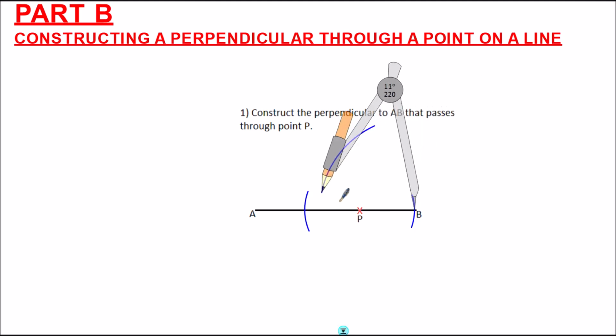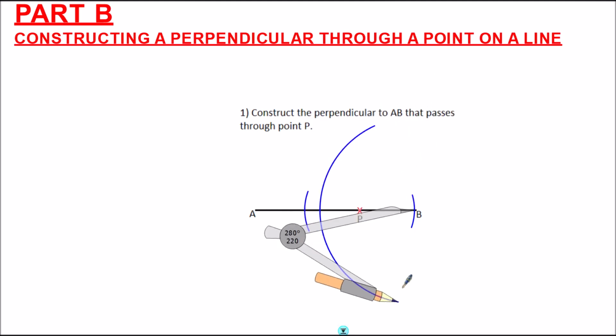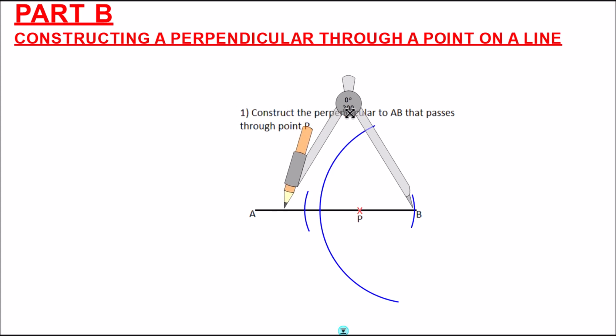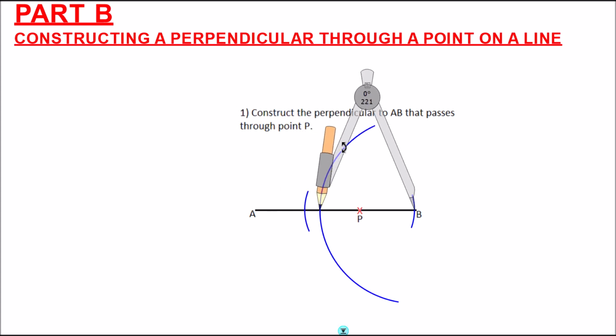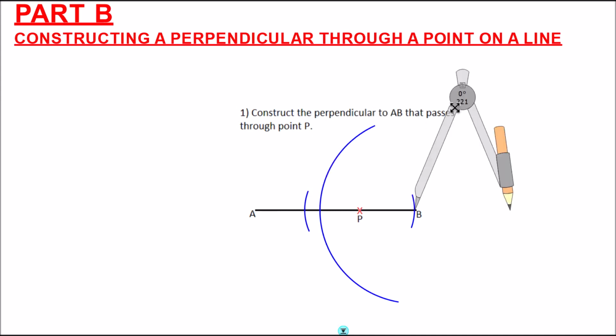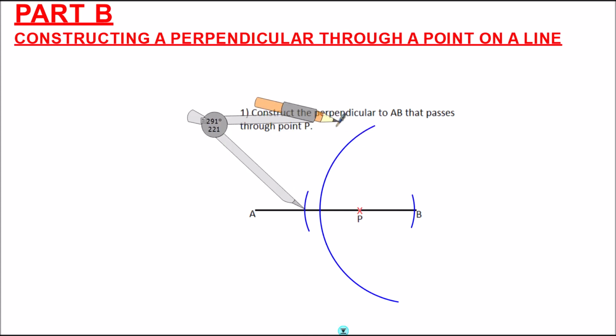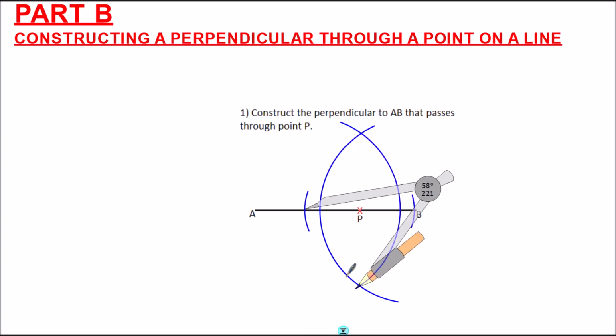So a big semicircular curve from one end of the line, switch it over to the other side, over here, keeping the compass width exactly the same, and then a big curve from top and bottom through that point as well.